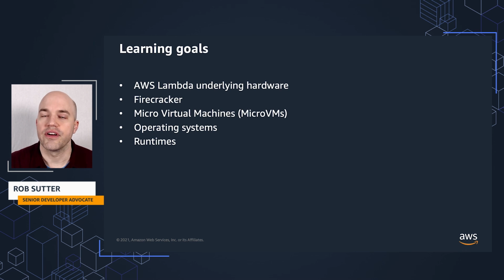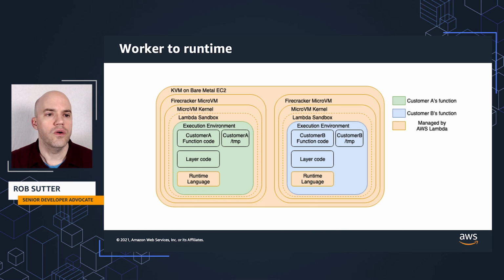And you learned about the various runtimes that are available for AWS Lambda, as well as your ability to build your own. So when seen as a whole, this slide shows you 2 customer functions running on the same machine or the same worker instance, but with strong isolation guarantees from top to bottom.